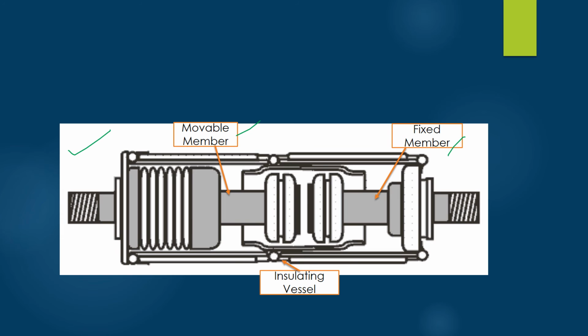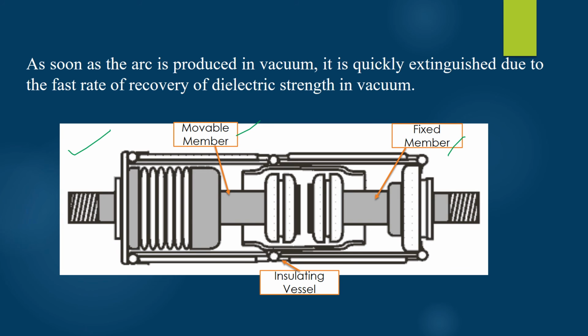This all happens because the dielectric strength between the two contacts increases rapidly, and therefore the arc gets quenched. As soon as the arc is produced in the vacuum, it is quickly extinguished due to the fast rate of recovery of the dielectric strength in vacuum.